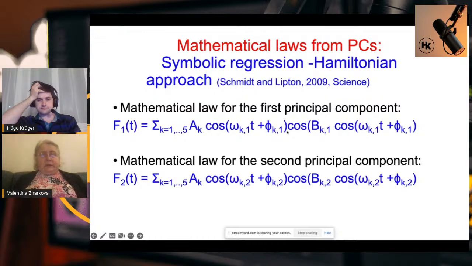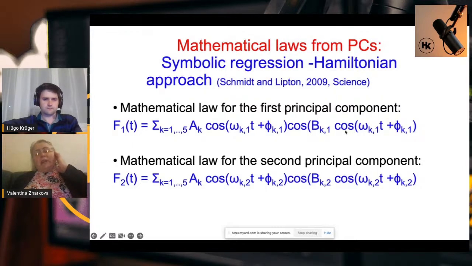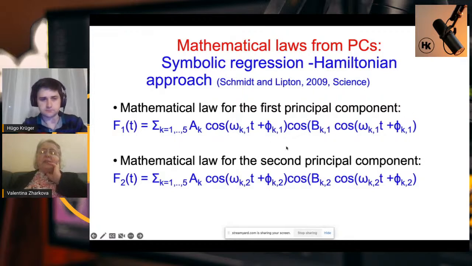But it turned out that each cosine is actually a product of two cosines, and the period or shift between the waves is also a cosine function. So instead of having cosine omega k, we have cosine b times cosine omega k. This was unpredictable, but the software allowed us to detect this.